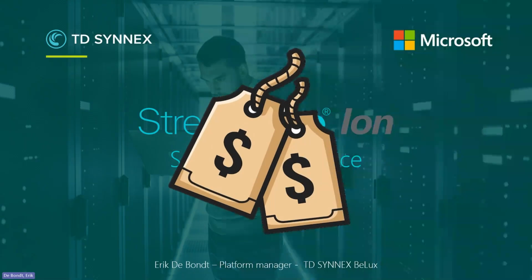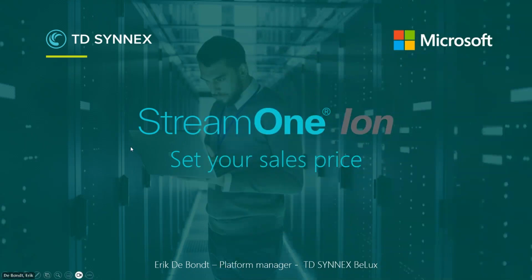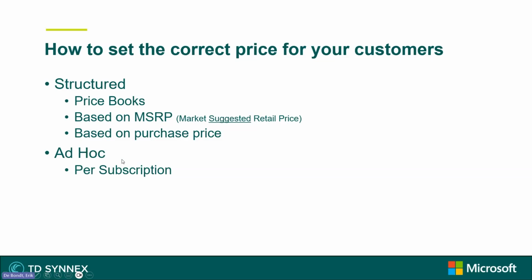So setting prices, your sales out price, so the price you want your customer or specific customer to pay for a specific license. There are two ways, which is structured or ad hoc. Price structured means you can put a price book on a customer, and the price book will be applied until changed for all purchases and all subscriptions that are live on that customer.